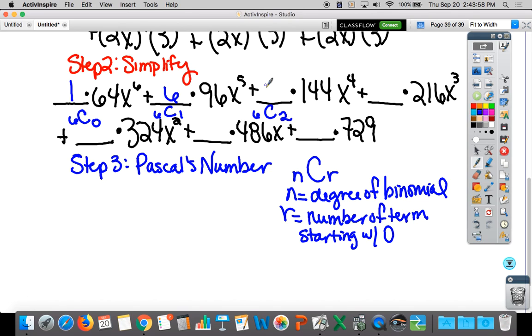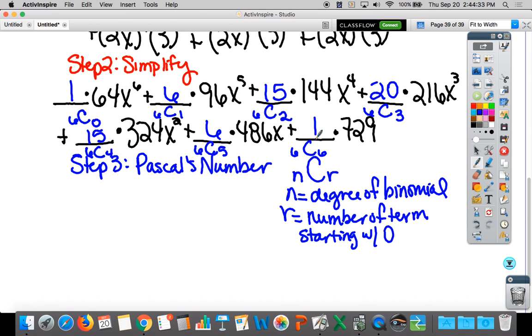This one would be 6C3. Okay, 20. This one would be 6C4. 6C5. And 6C6.